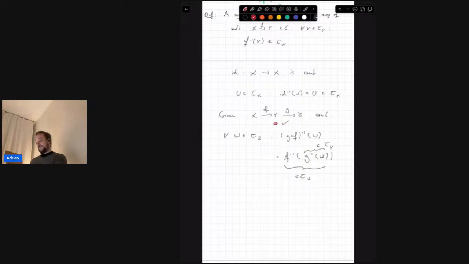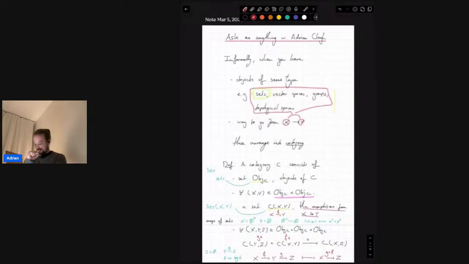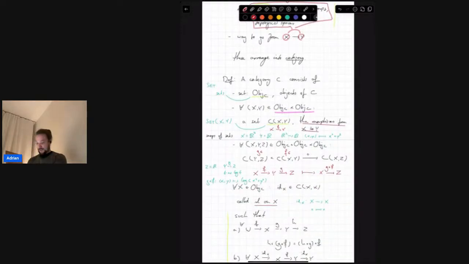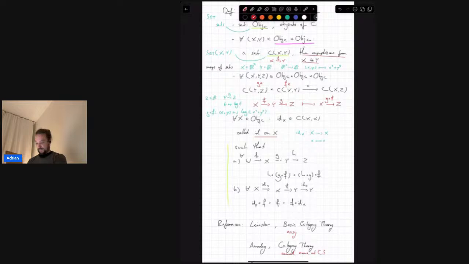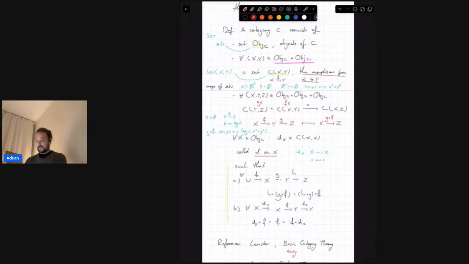And now we have to verify all the properties. So we need to verify that any continuous map, pre and post composed with an identity map, gives you back the same map, which I think is obvious. And then we also need to show that if we have a quadruple of objects, then the order of composition doesn't matter. That just follows from the fact that we're considering maps of sets with properties, right?